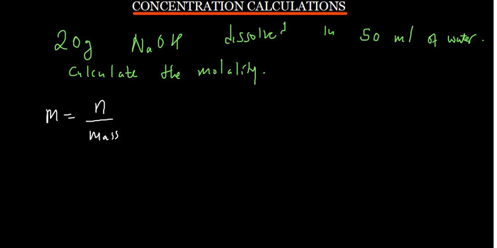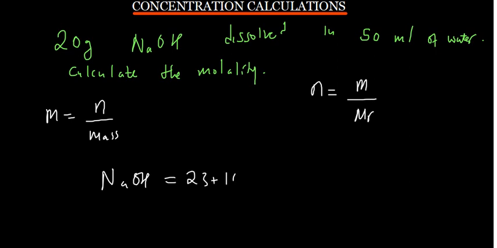So let's find the number of moles. That is given by mass over molar mass. Now we need the molar mass for sodium hydroxide. We know that the mass for sodium is 23, oxygen is 16, hydrogen is 1. Sorry, just a moment. It's taking a bit of time to show here.